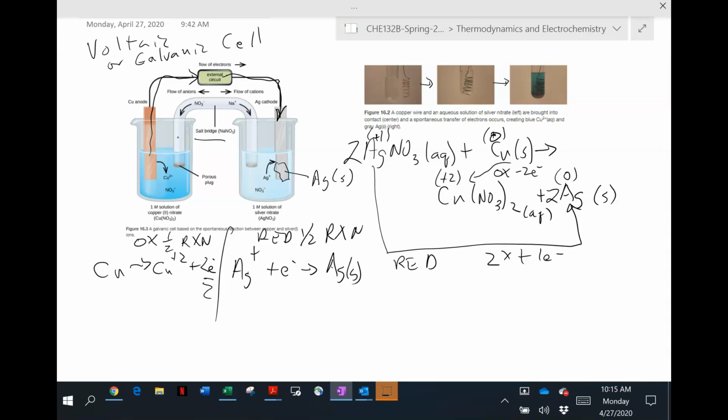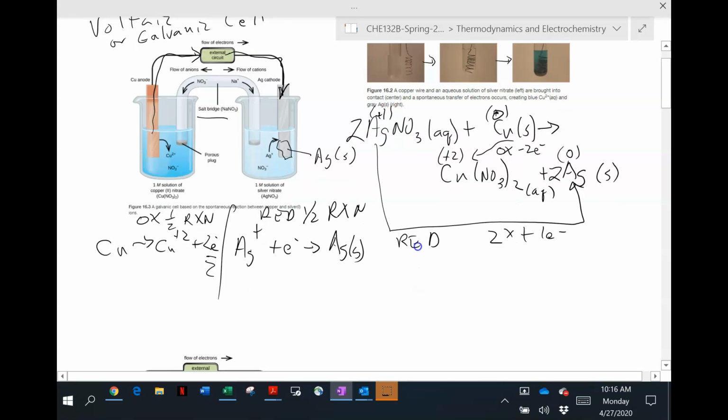That completes the circuit and lets it flow all the way around. If we don't have the salt bridge, nothing happens. I've seen things as simple as pieces of paper soaked with some solution used as a salt bridge. I've even seen examples where your body is used as a salt bridge. It's kind of a cool demo.